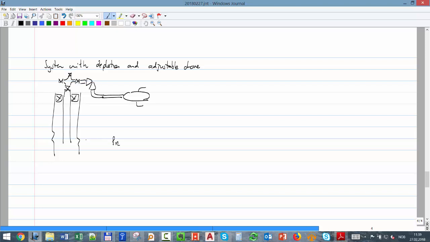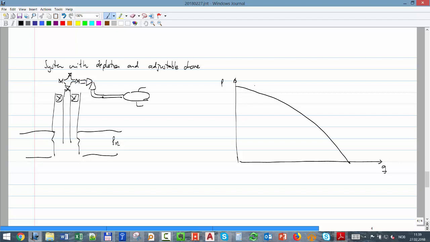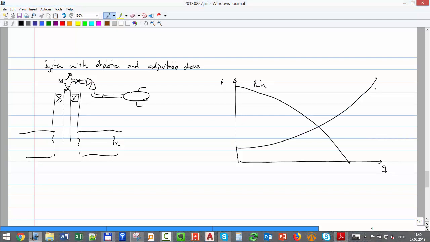Again, we have here reservoir pressure, and remember we had P, we call that's pressure and rate, and we're going to put one plot which will be the pressure at the wellhead, and then we have another curve which will be the pressure downstream the choke.